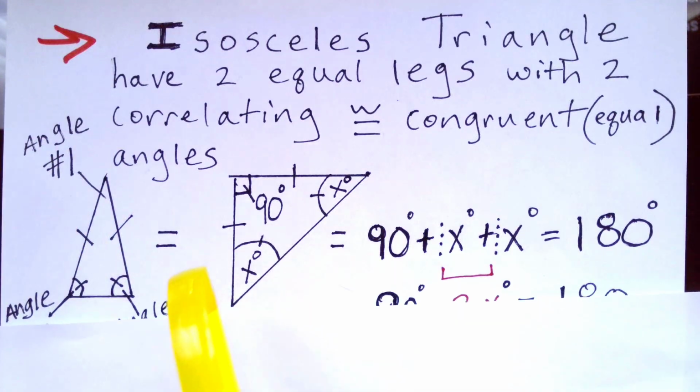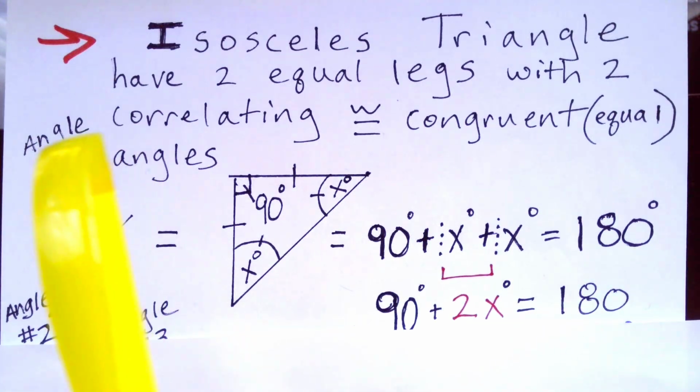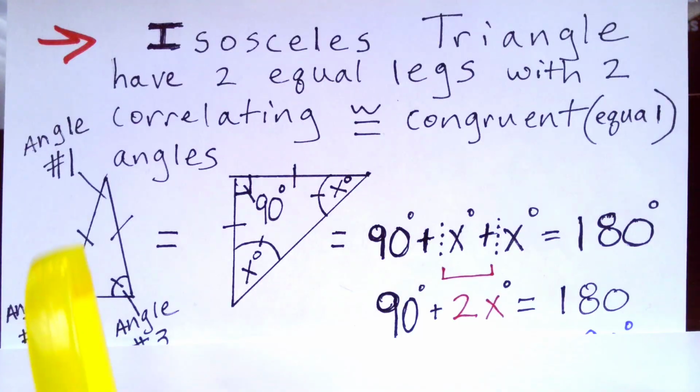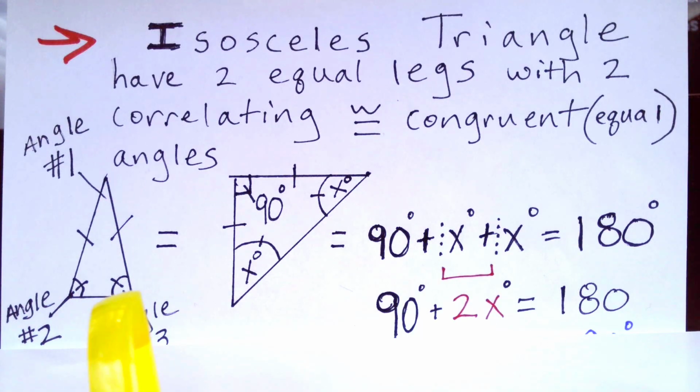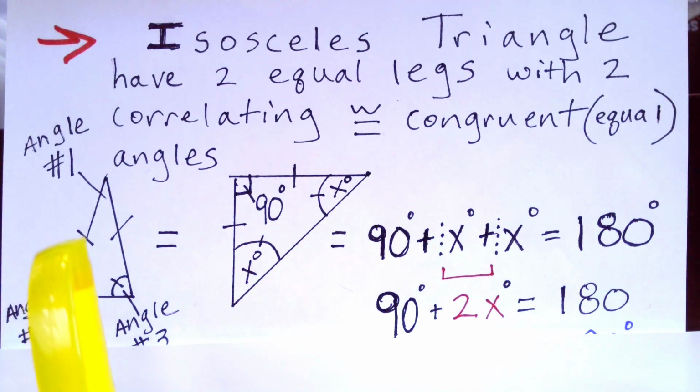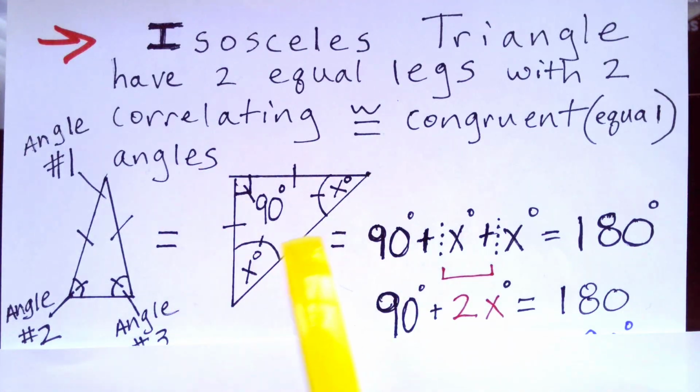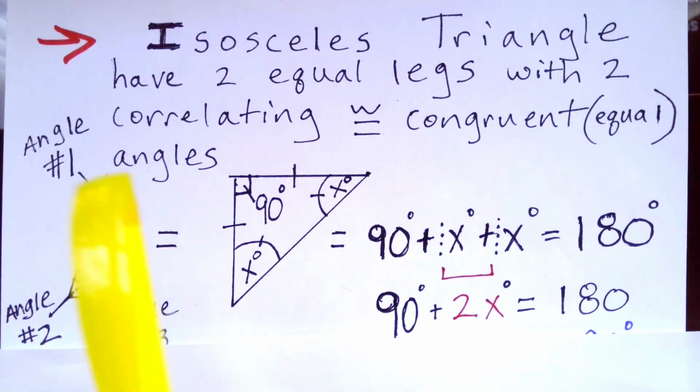So here's a diagram I'm going to show you here on the left-hand side. And you've got angle 1, angle 2, and angle 3. In an isosceles triangle, the angles opposite the equal sides are also equal. And I'll show you what that looks like here. This is just a diagram of an isosceles triangle.